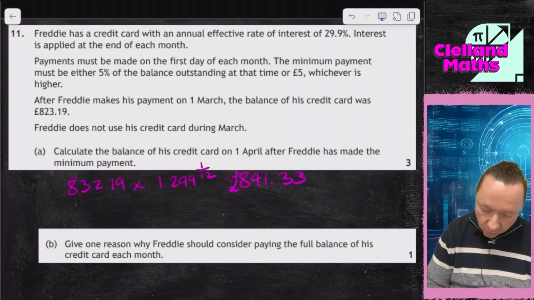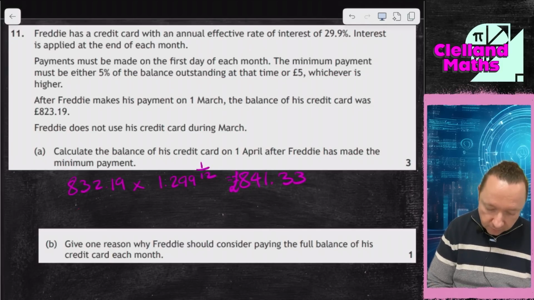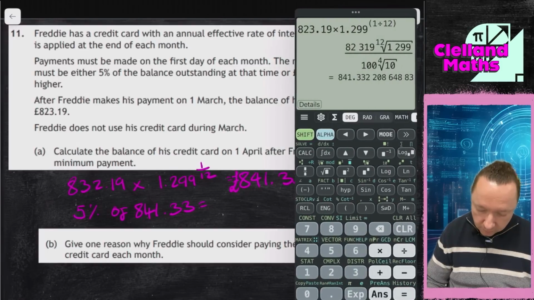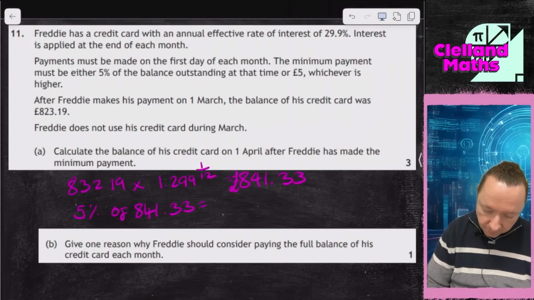But it then says in the question that he makes his minimum payment. So his minimum payment is either 5% or £5. So I need to do 5% of 841.33 to check if that's bigger than £5 or not. That is 42.07.